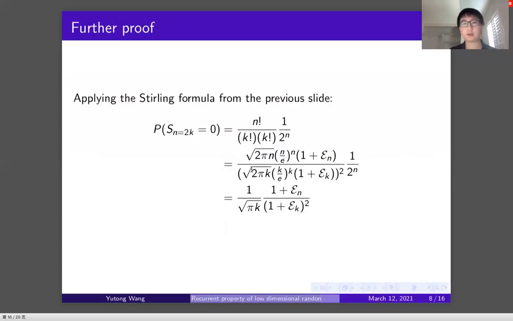We substitute by the Stirling formula, and we get a long expression of this form. As you see, here is 1 plus epsilon n and 1 plus epsilon k. After simplifying, we get this formula.